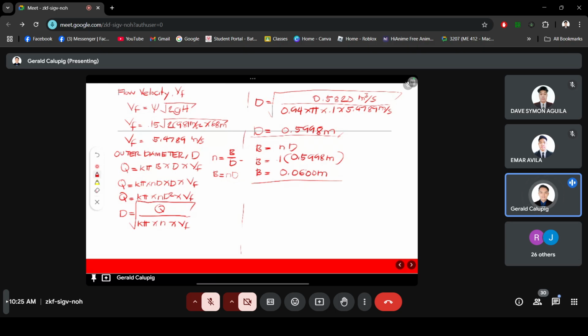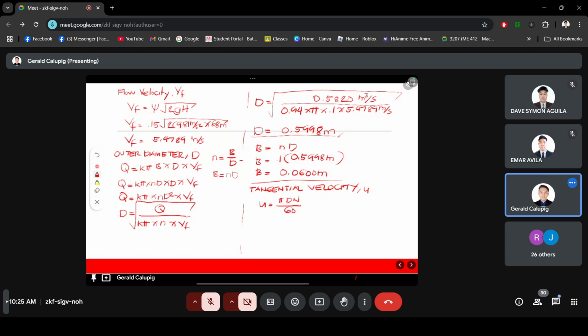So next, since we already have the value of our D, we can get our tangential velocity with the formula U is equal to pi D N over 60, right? So U is equal to pi D N over 60.